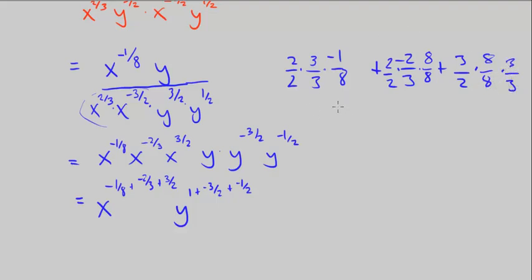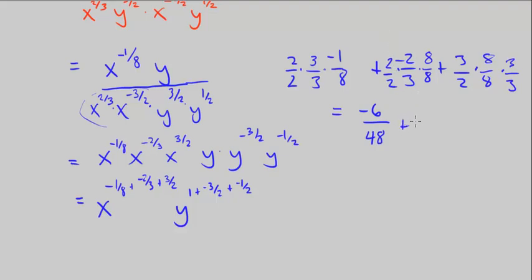Okay? So that's equal to, what's 2 times 3 times negative 1? That is negative 6. Okay, 2 times 3 is 6. Actually, I totally need a calculator because 6 times 8 is 48, right? 6 times 6 is 36.